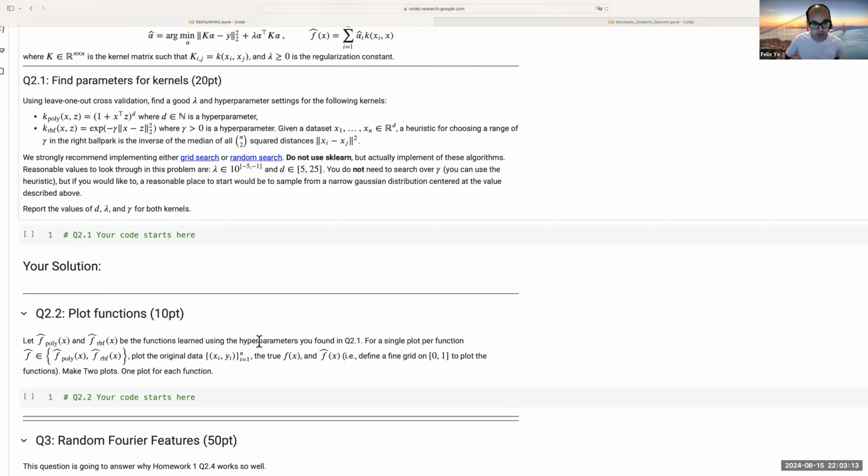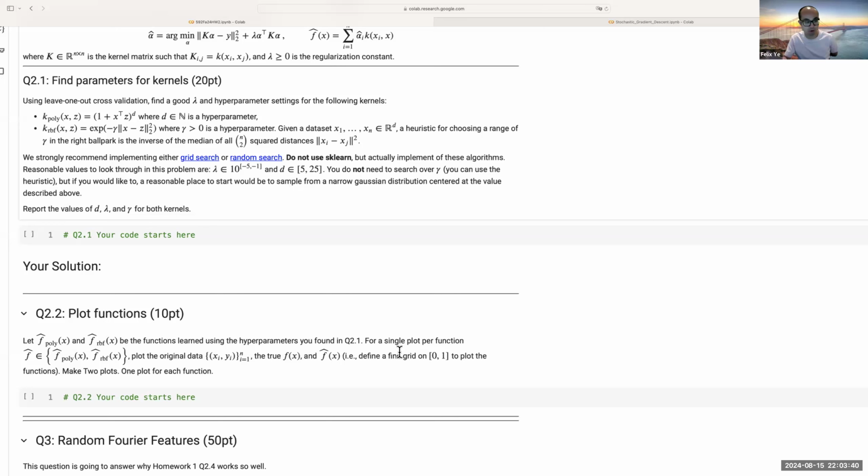You want to plot the functions that you learned. You plot the original data you already had, you plot the true f, and you also plot f hat. Everything is defined on a fine grid from 0 to 1.